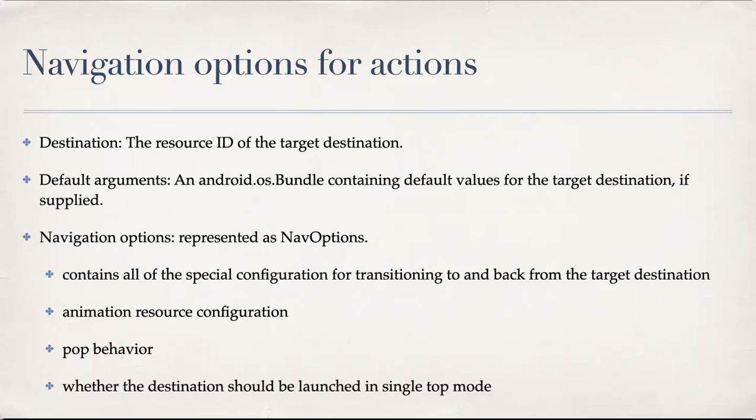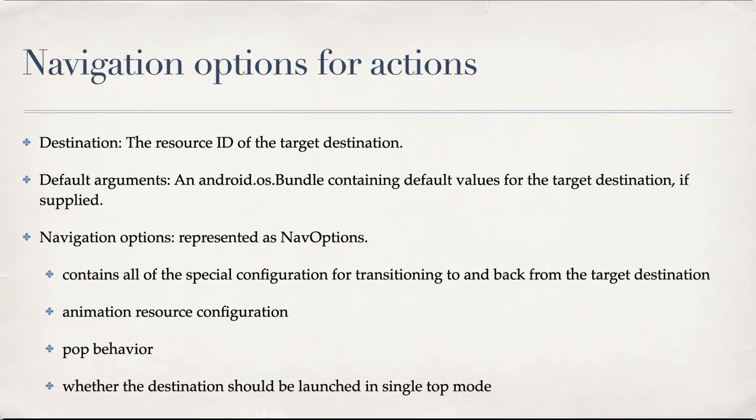They're represented as a nav options class, and it contains all the special configurations for the transition. And one important example is animations. So as I said, when you're going from one fragment to another, it can simply load, or it can have certain animation associated with it.